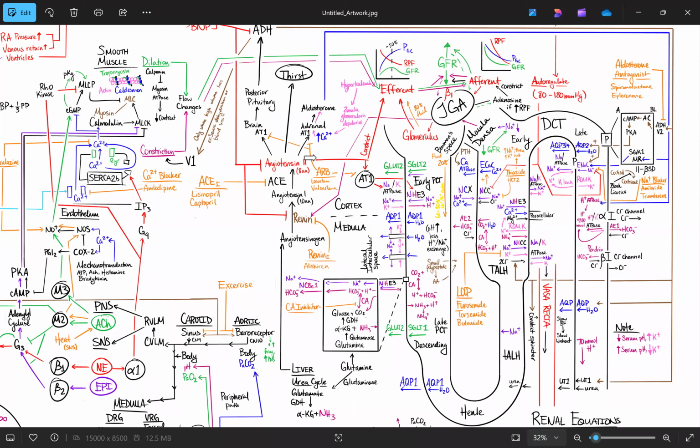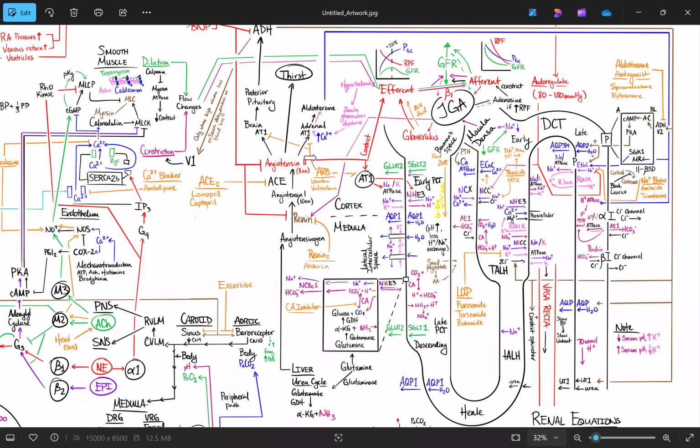So the NHE3 will capture protons, but the proton will capture bicarb, and there'll be another carbonic anhydrase to convert the bicarb into H2O and CO2 so it can be reabsorbed and reconverted and reabsorbed through NBCE1.